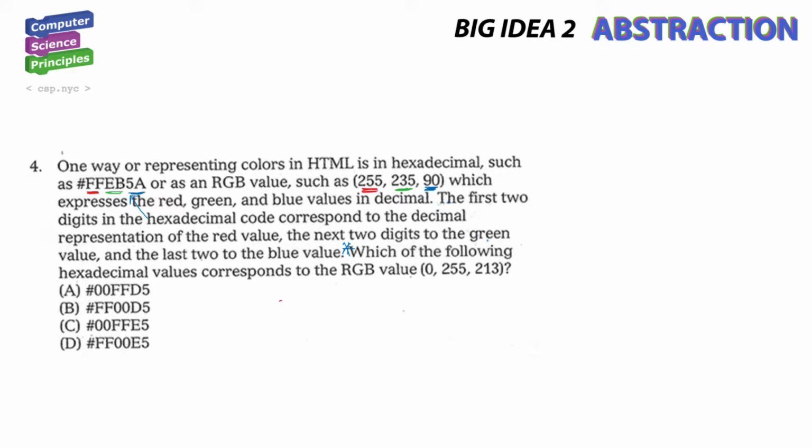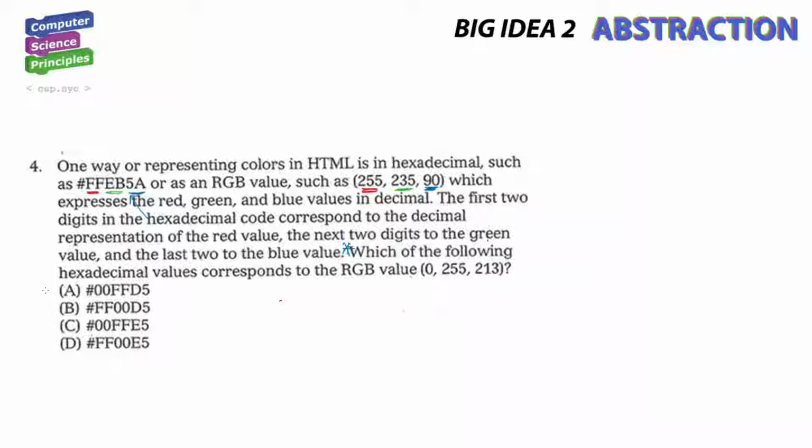But as I read this again, we can't definitely connect that this hexadecimal is the same as these decimal RGBs. We don't know that for sure because of the wording here. So when the question asks which of the following hexadecimal values correspond to the RGB value 0, 255, 213, we have to do some conversion.